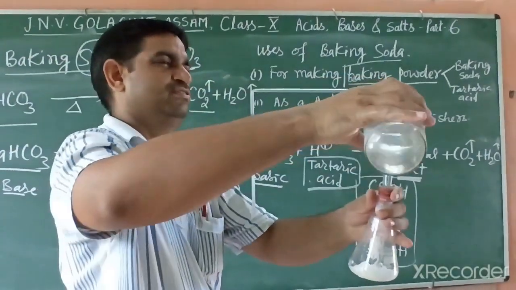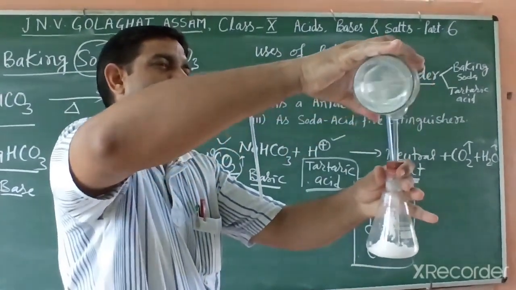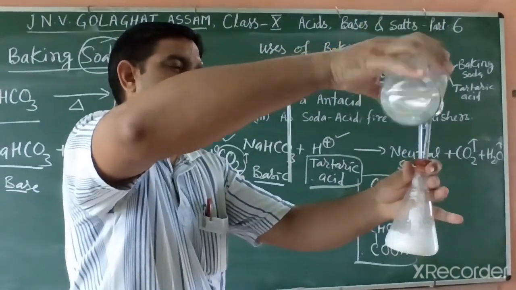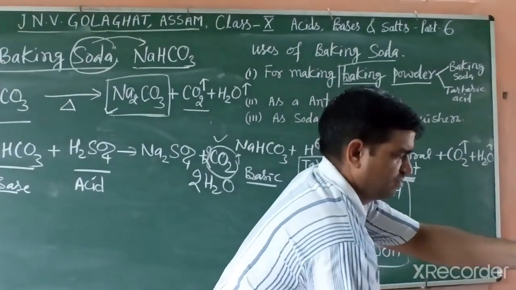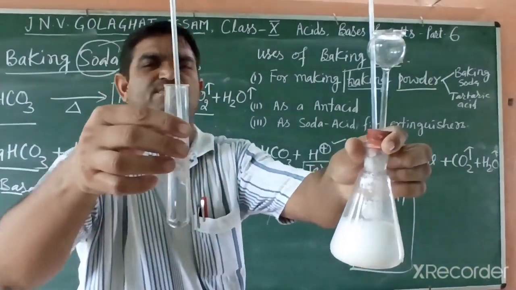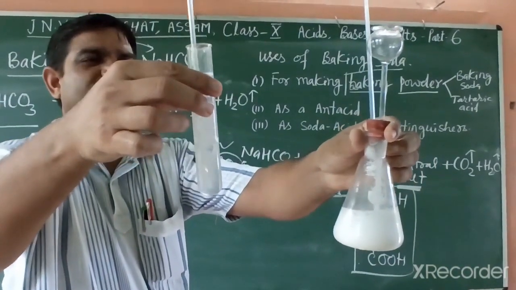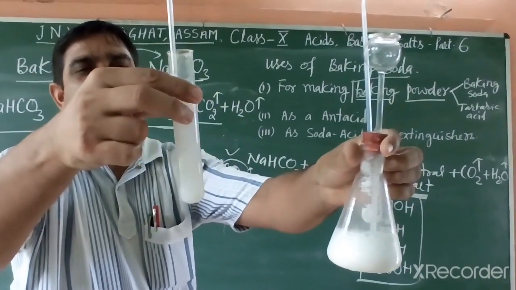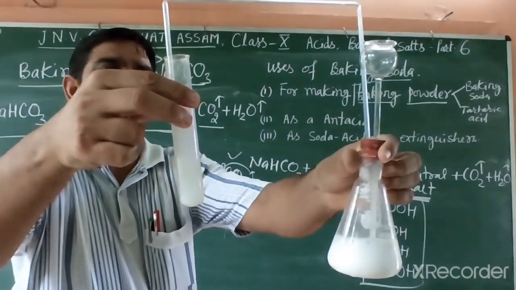When we mix, you observe a lot of gas being released. When we pass this gas through lime water, it confirms that the gas is carbon dioxide. You can easily observe the released gas.